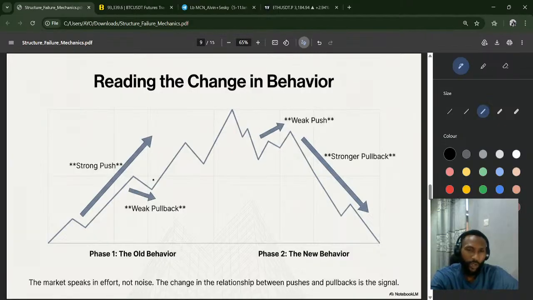Reading the change in behavior. All right, you can see the strong push up here, then a weak pullback, strong push, weak pullback. Then you can see the pushes become weaker, then a stronger pullback. This is how you notice that it's changing.